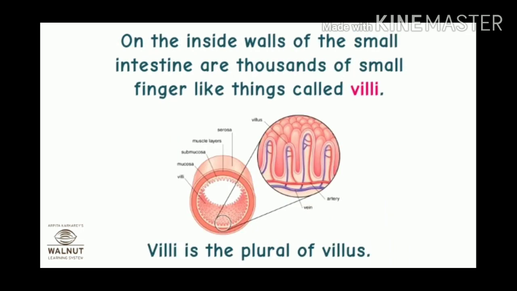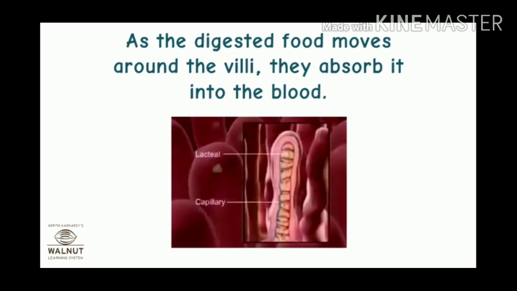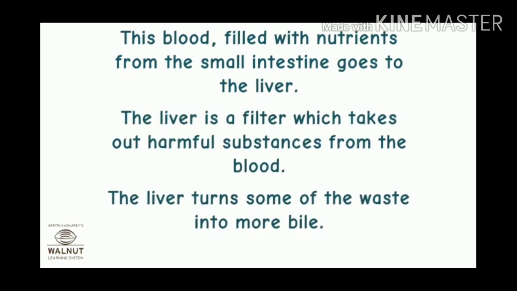Yes, this absorption occurs due to finger-like projections, called villi, which are present inside the small intestine, and these projections also have blood vessels around them. As the digested food moves around the villi, they absorb it into the blood. This blood, filled with nutrients from the small intestine, goes to the liver.